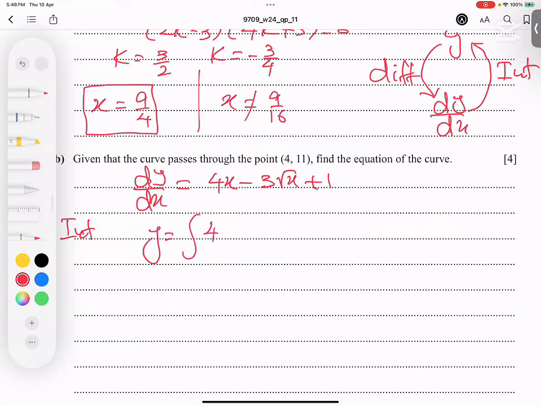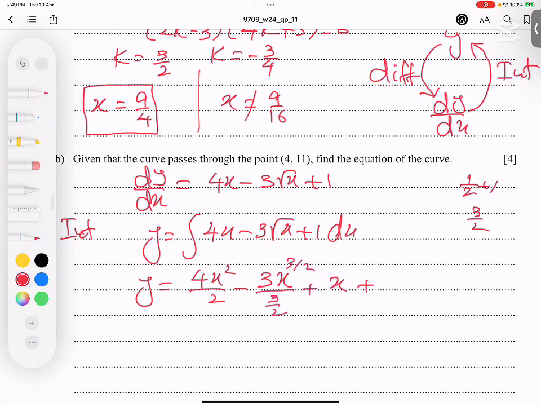Here I'm going to show the full working. Basically, increase the power by 1 and divide by the same. The power is a half already, and if I add 1, I get 3/2.